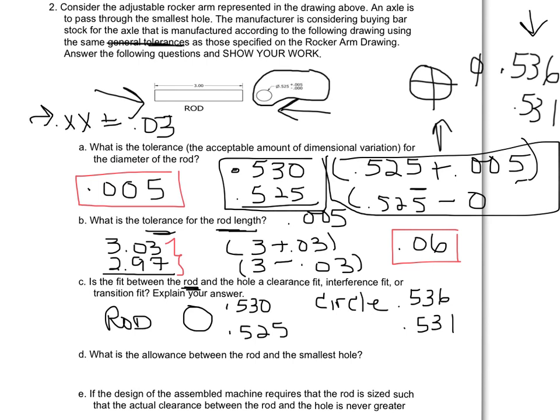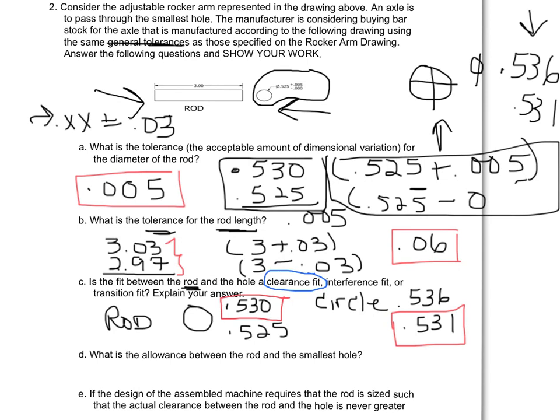What's the smallest hole I could have? That smallest hole is going to be 0.531. Next I said, what is the largest rod diameter I could get? And that largest is, if we put it in red as well, 0.530. So can a 0.530 rod pass into a circle that has a diameter of 0.531? And if the answer is yes, which it is, you have a clearance fit. So that's what it is. It will clear. It will pass through.